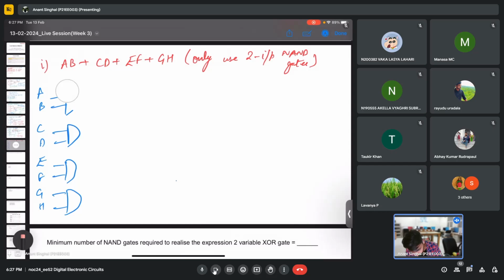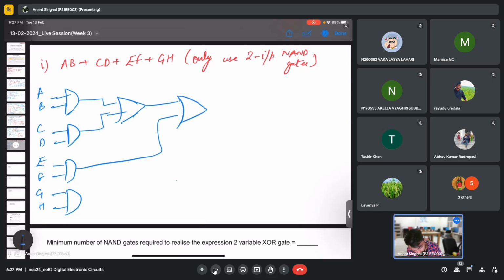Since I can only use 2 input OR gates, so I'm doing 1 OR here, one more OR here, finally one more OR here, and this will give me the given expression, which is, let's say, F.